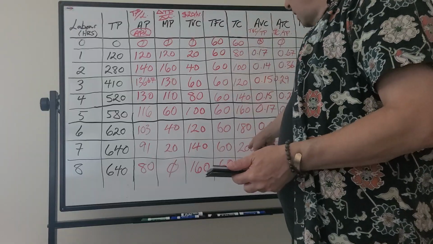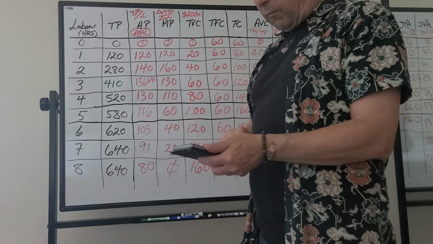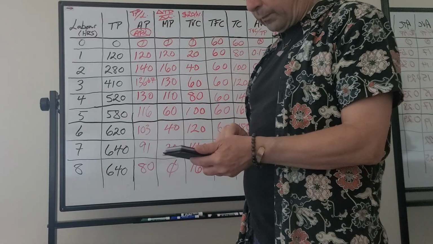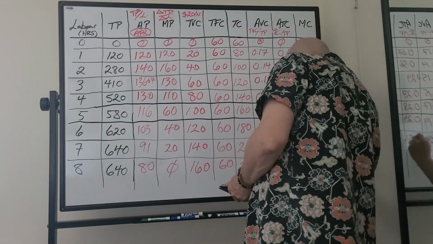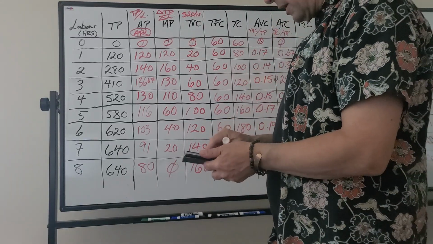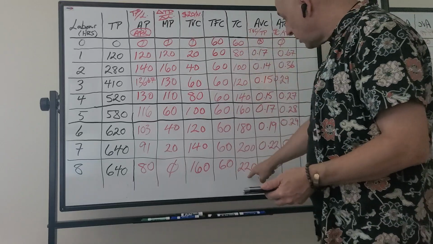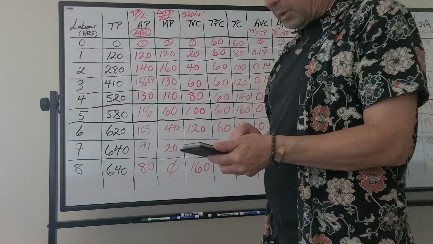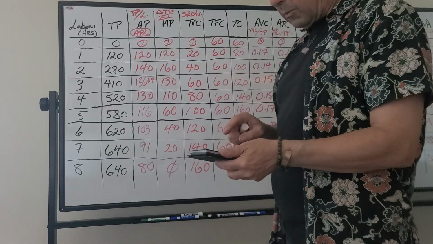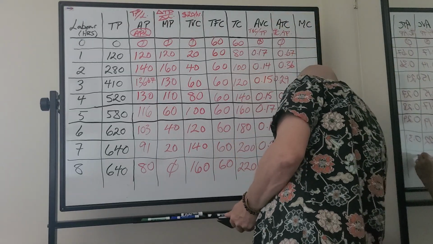And we've got total cost of 200 divided by 640 items is 31 cents. And then we've got a total cost of 220 over the same 640, divided by 640 equals about 34 cents.